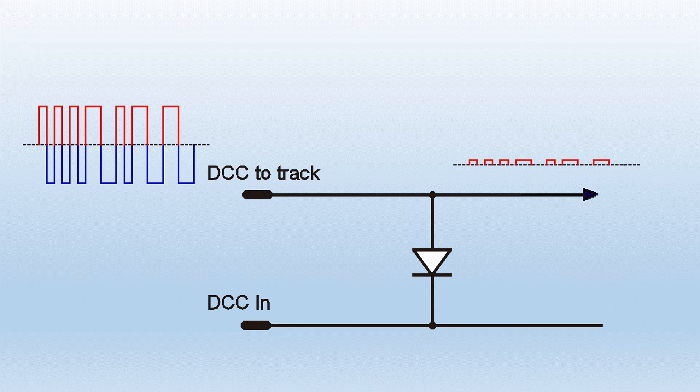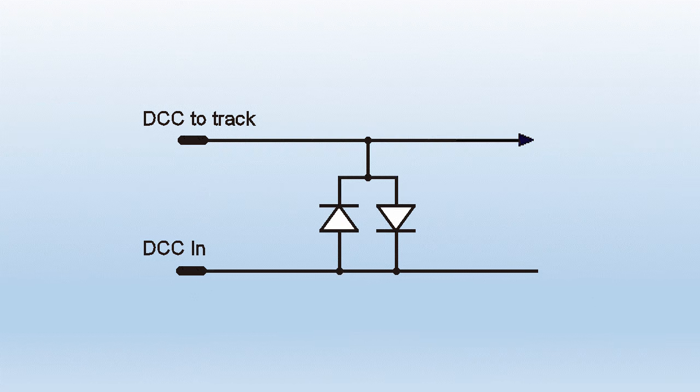However, with only a single diode, all the negative pulses are ignored and not passed through the load of the motor, thereby losing half the power. So we have to look at this. We now have two diodes wired in reverse parallel.